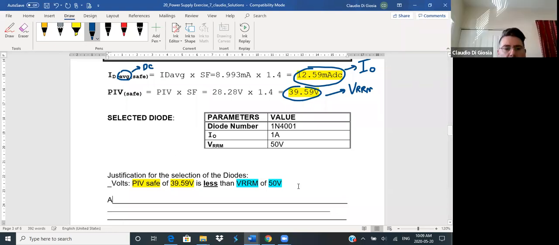So now we're looking at the amperage. How do we justify the amperage? It's kind of the same thing. Instead of less than, I'm just going to change the wording around a little bit.